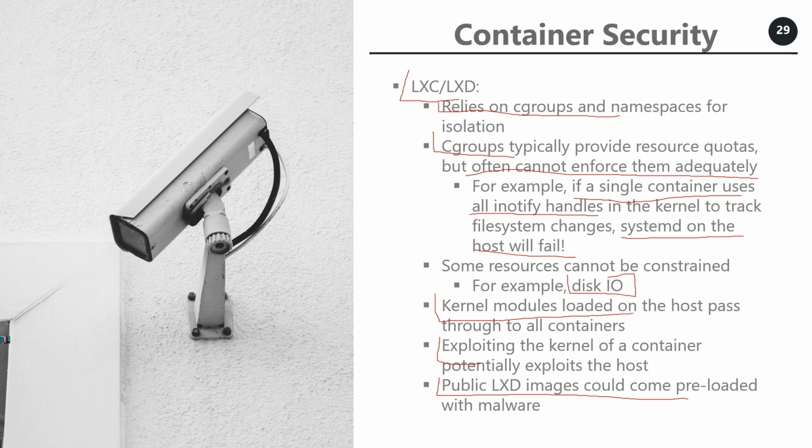What I want to say is you may find malicious containers and not even know. They say, hey, this is an Apache server, and then you use it and it's compromised. So you have to be careful with that, and we'll come back to this discussion later.